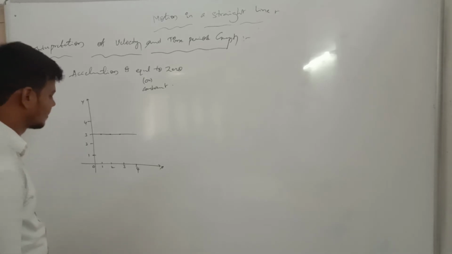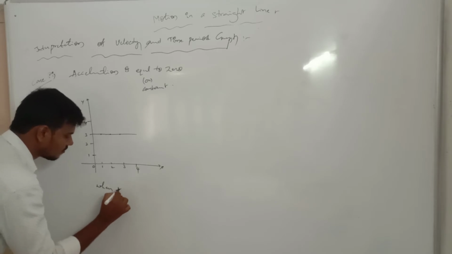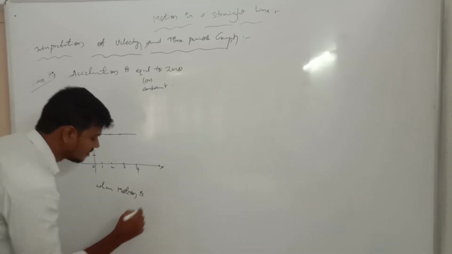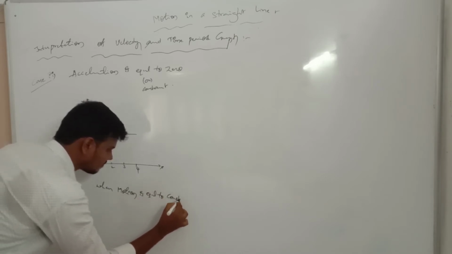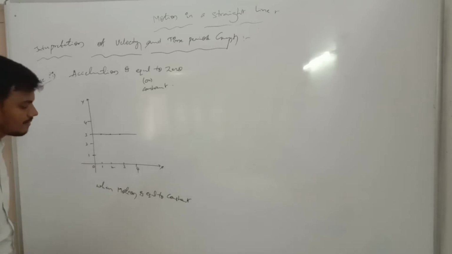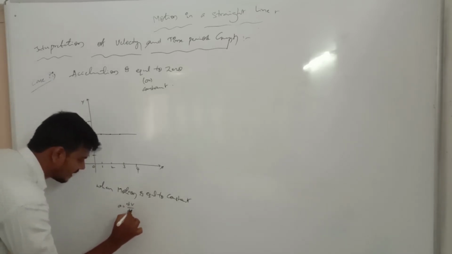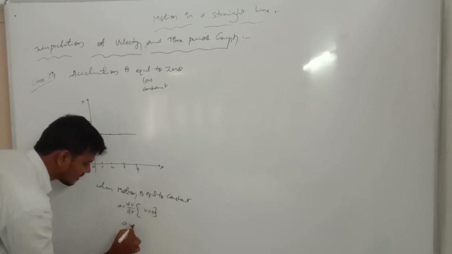This one is acceleration. When motion is equal to constant, the constant means acceleration a is equal to dv by dt. Now since velocity v is equal to 0, a is also 0.